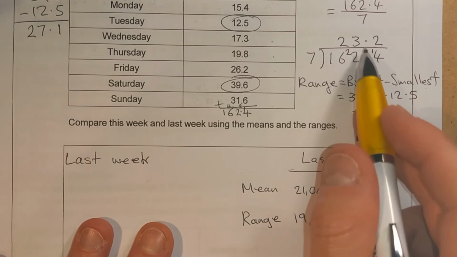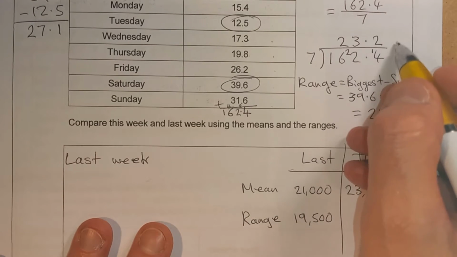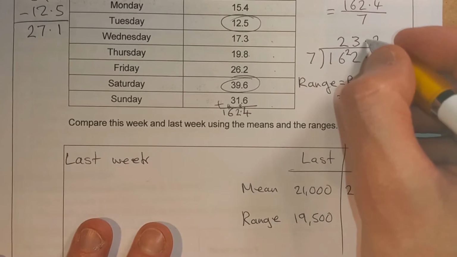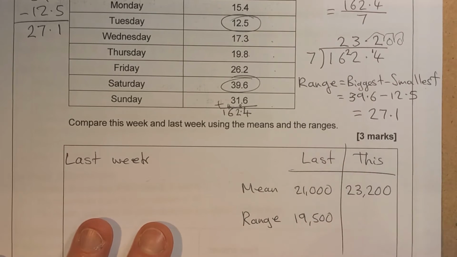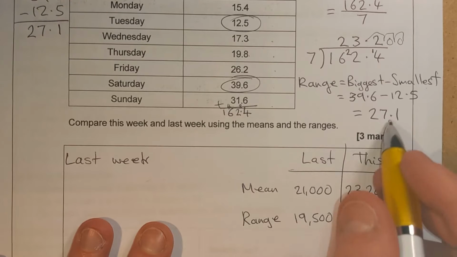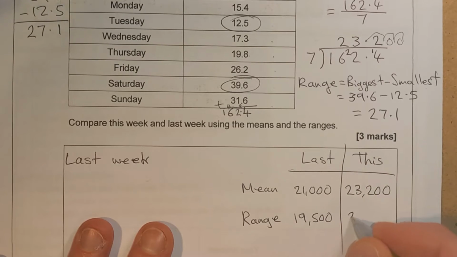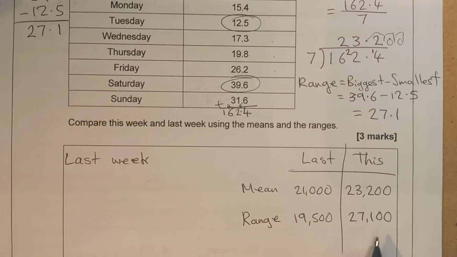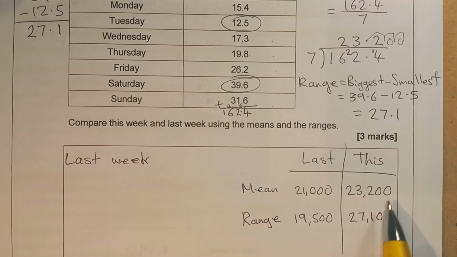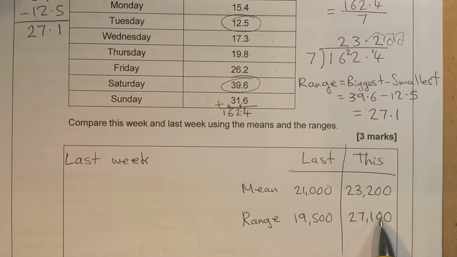So what we're doing is we're multiplying that by 1,000. So we're moving the decimal point 3 times. So if you think 1, 2, 3, we're going to get 23,200. And the range, well, we worked that out as 27.1, which is going to be 27,100. So we're just showing we've got everything nice and easy. And well, this week the mean has increased and the range has increased.